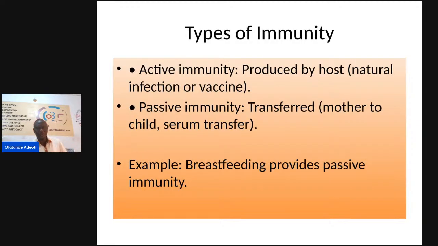Then types of immunity, just like I said. We have active immunity, which is produced by the host, which can come as a result of natural infection or as a result of a vaccine.